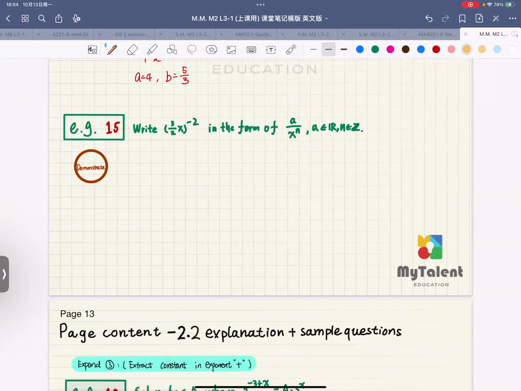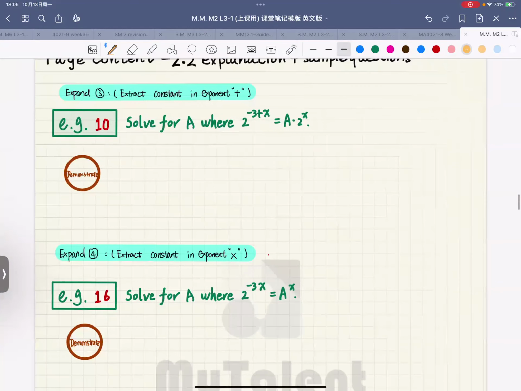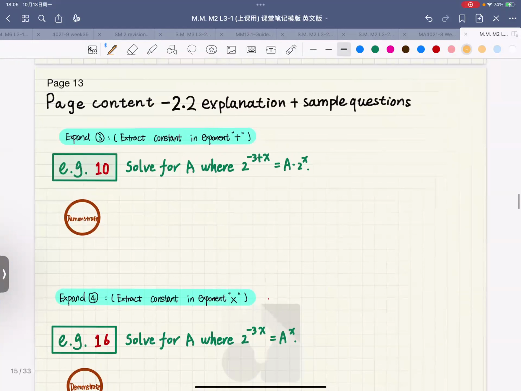This is your homework. All right, this is your homework. Example 15 is your homework. All right. What about this?